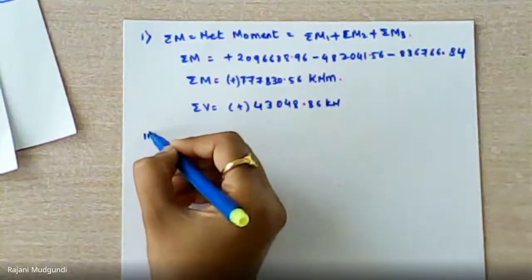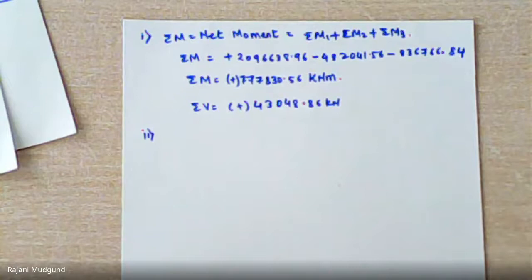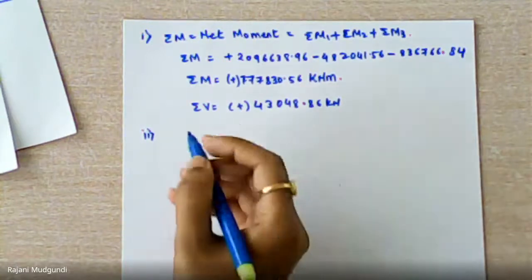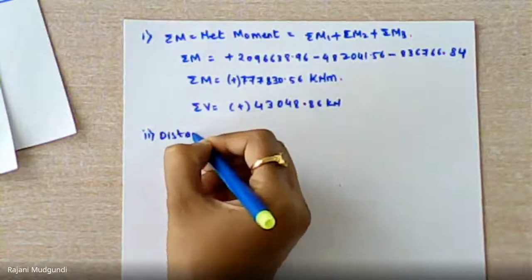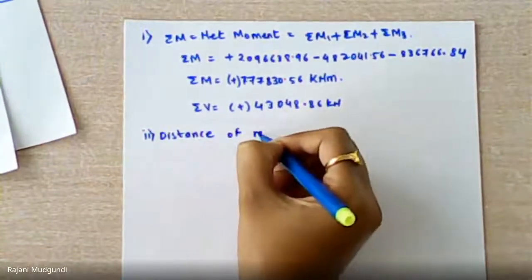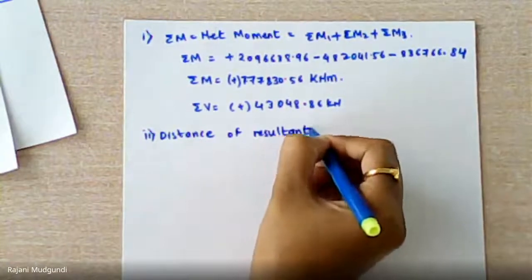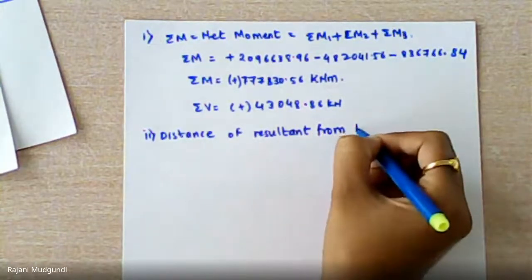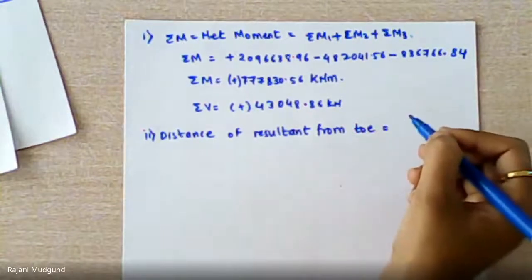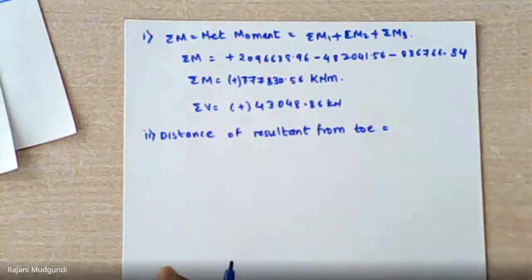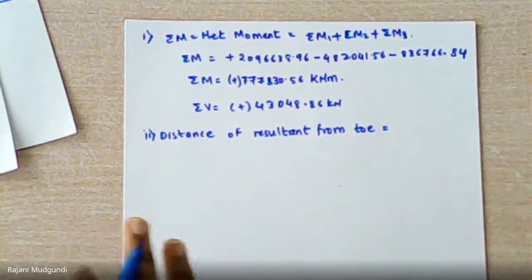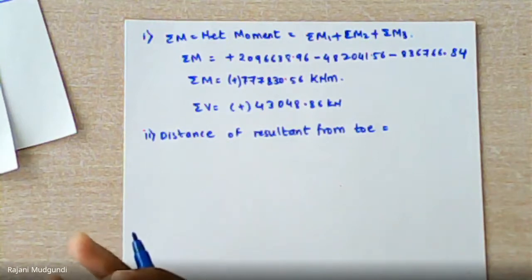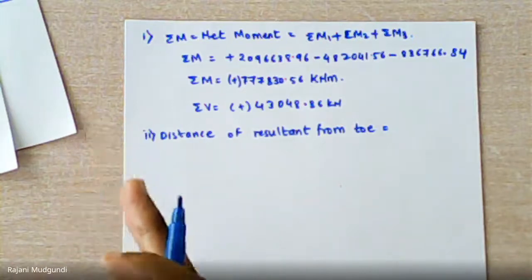So second step, now we will calculate the distance of the resultant from the toe. We will check whether there is any eccentricity in the resultant of force from the center line of the section at the base or not. If the eccentricity is 0, it directly indicates that the resultant force will act at its CG itself.